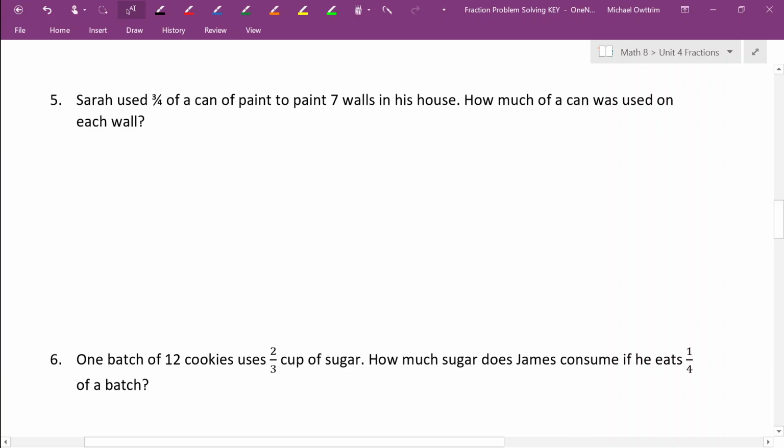Sarah used 3/4 of a can of paint to paint 7 walls in the house. How much of a can was used on each wall? So we have 3/4 of a can, and we're splitting it up amongst these 7 walls, and that's why we're going to divide by 7. We're splitting up. And we want to remember dividing by 7 is dividing by 7 over 1. And we know when we are dividing, we leave our first fraction alone.